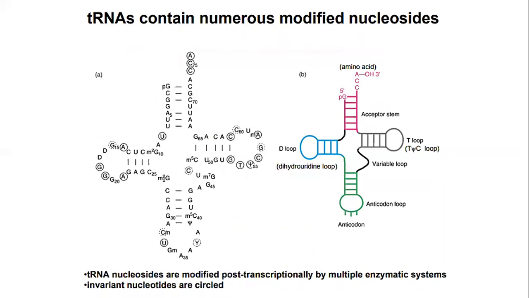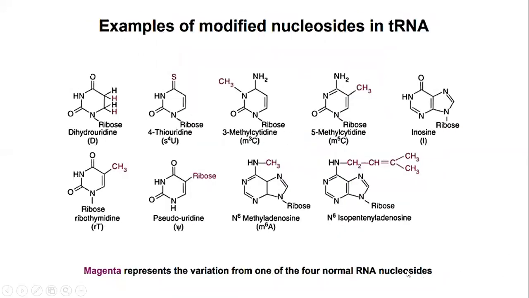And this folding is mediated by the presence of some modified nucleosides in the tRNA. There are 9 to 10 modified nucleosides, which are depicted here, with their modifications represented with the magenta coloration in this case.